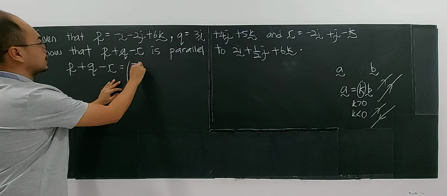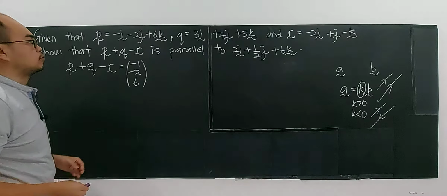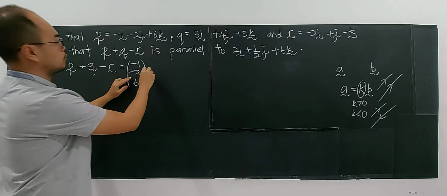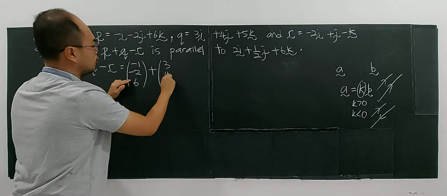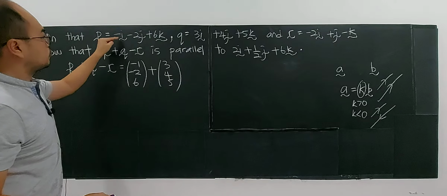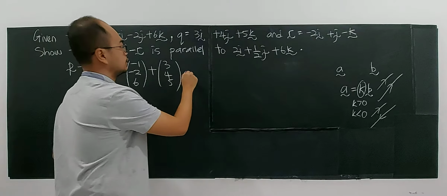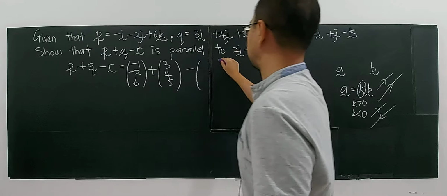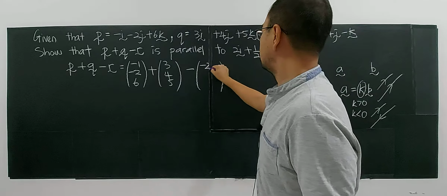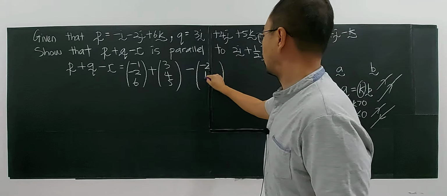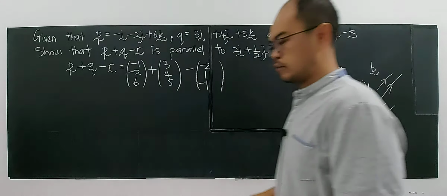Usually I will write in column vector form, easy for me, so I don't need to rewrite all the ijk. Vector P is -1, -2, 6, Q is 3, 4, 5, then later on minus R, which is -2, 1, -1.